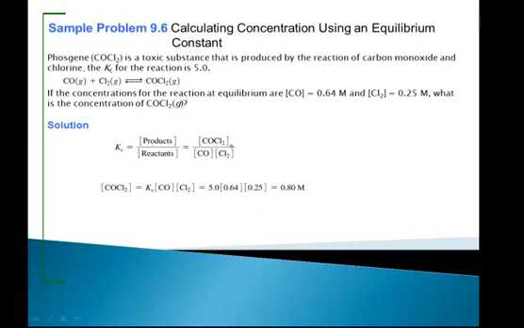And I'm going to plug in the values that I know, which is 0.64 for the CO, 0.25 for the Cl2, and I'm going to plug in 5 for my Kc, and I'm going to be trying to find the COCl2. So in order to do that, I'm going to take the Kc times those two. So 5 times 0.64 times 0.25, and I should get 0.80. And the big M stands for molarity, which is the concentration.